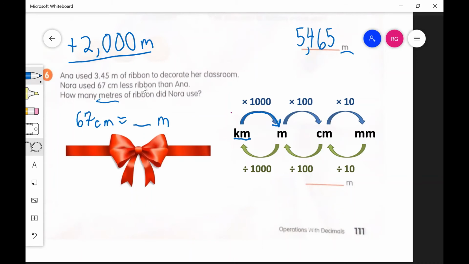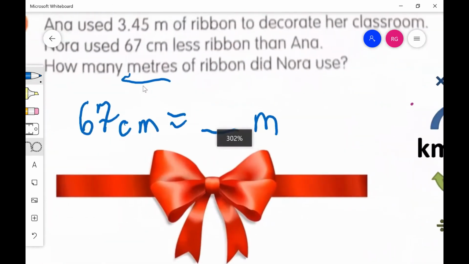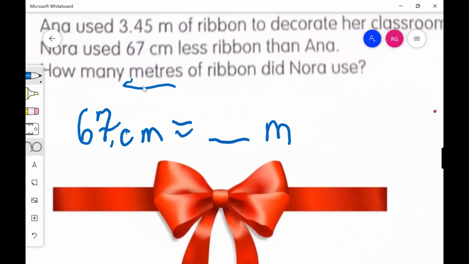Yeah, and how did you do that? Divided by 100. Right, we divide by 100 because we're going from centimeters to meters. So if we took this divided by 100, we move this decimal 2 places to the left, right?